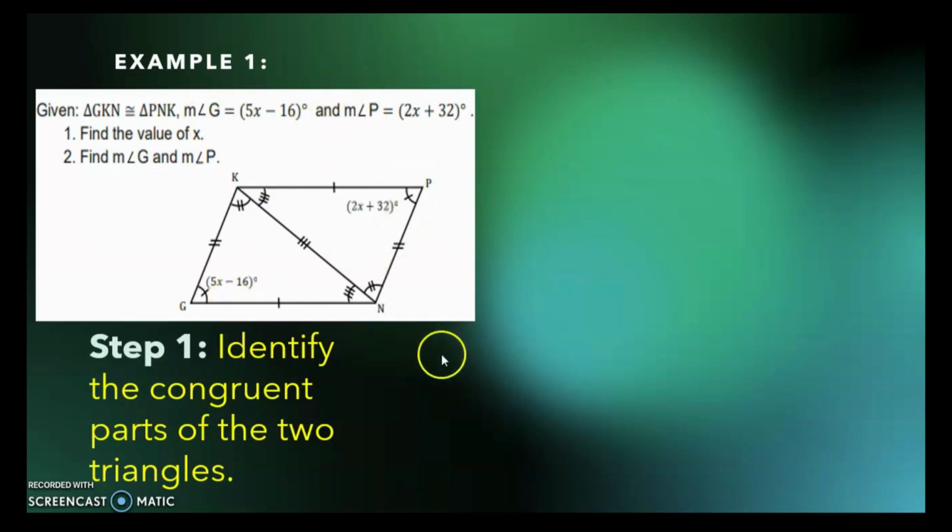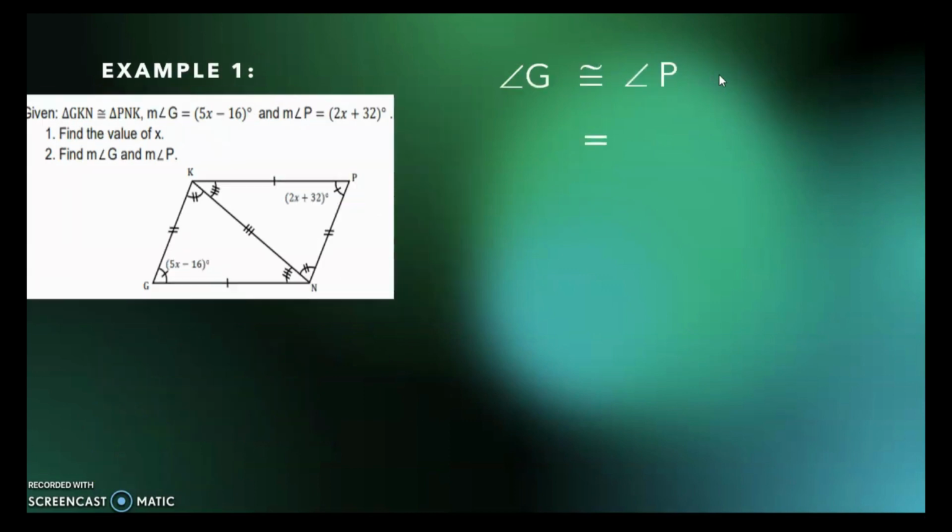Going back to our figure, this is angle G, and this is angle P. By inspection of their markings, they each have one marking, so they are congruent. Also, opposite angles of a parallelogram are always congruent or equal. So, angle G is congruent to angle P.